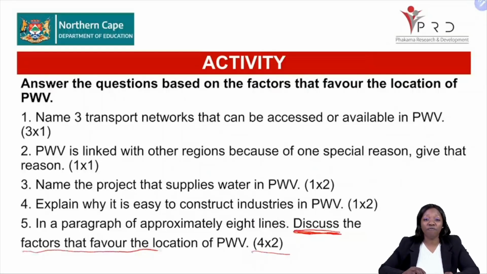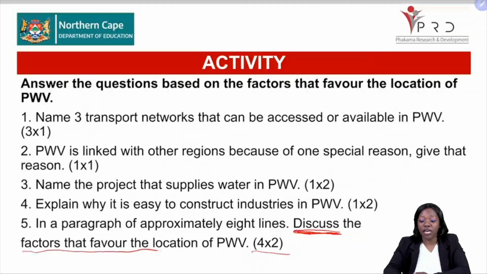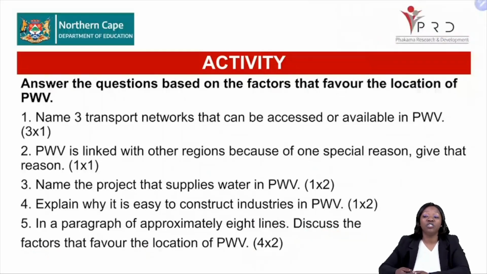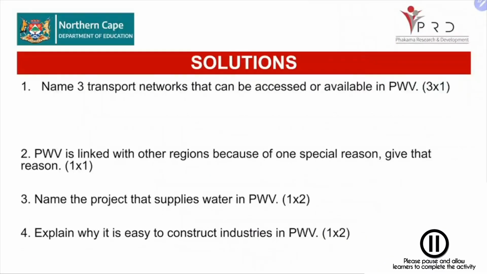So I'm going to give you 10 minutes to work on these 5 questions, because there's a paragraph question, so that you can discuss your points thoroughly when it comes to the factors that favor the location of PWV. Then after 10 minutes, we will proceed to the corrections.